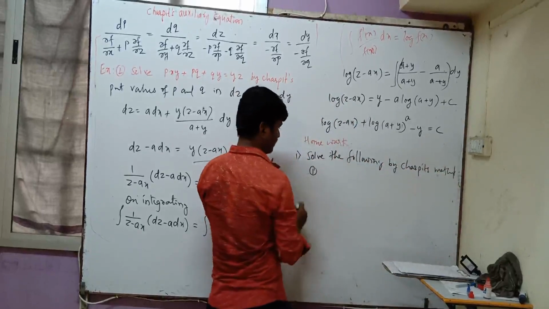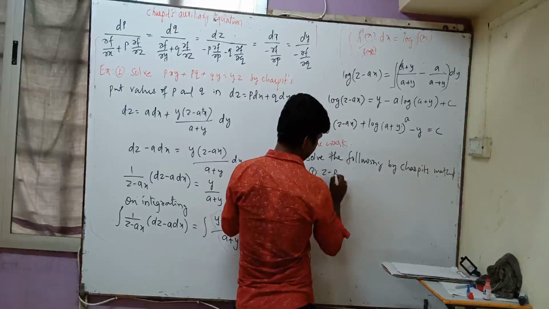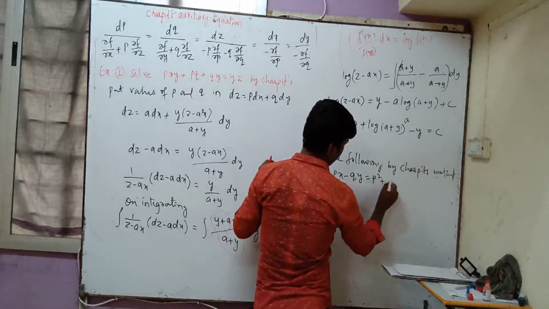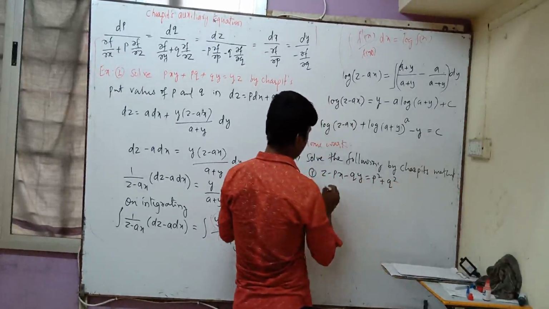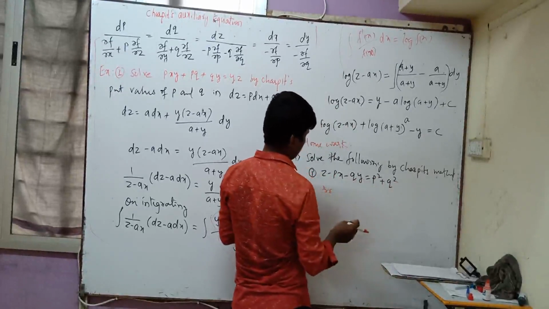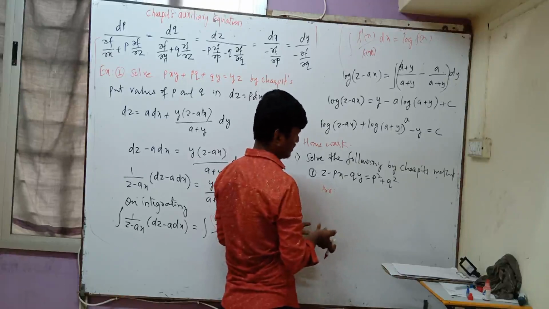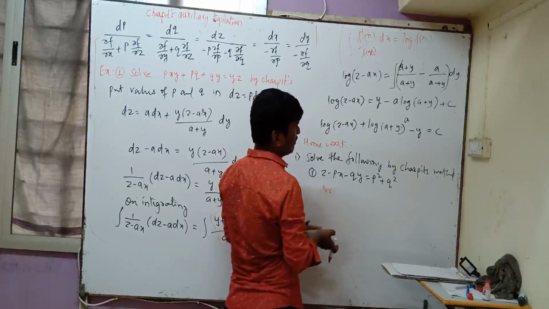So the first one is z minus px minus qy is equal to p square plus q square, and its answer may be so everyone gets, or someone gets, different answers. It depends on simplification.